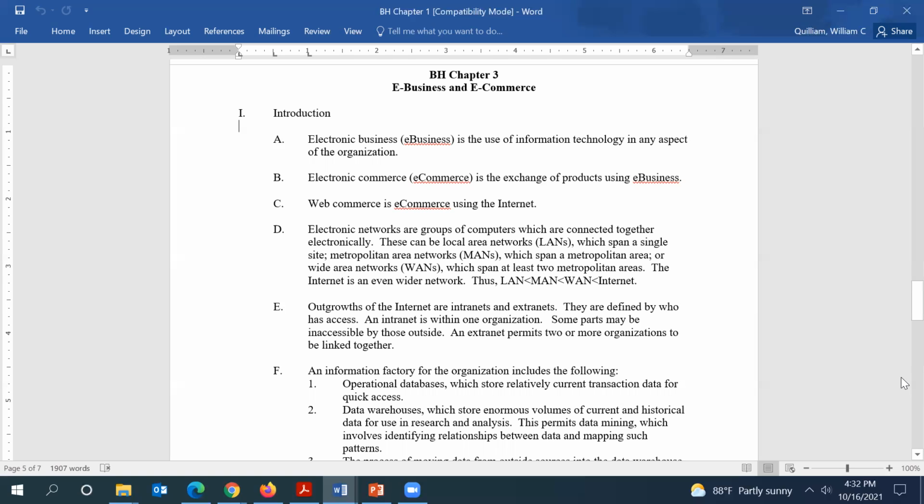The metropolitan area network, MAN, spans a single metropolitan area, or a wide area network, WAN, spans at least 2 metropolitan areas. The internet's an even wider network, and that's the one we deal with the most certainly. So just to let you know, LAN's smallest, MAN is the next biggest one, WAN is the next biggest, and the biggest is the internet.